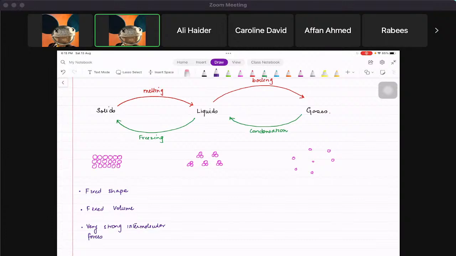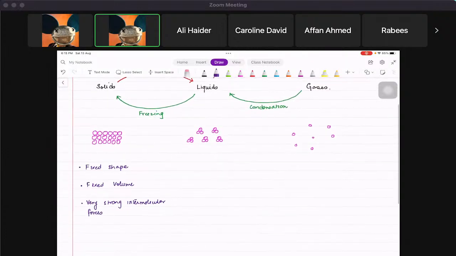Okay. Now, basically, they vibrate at their fixed places if you heat them, right? So they keep on vibrating, they don't just move. All right.